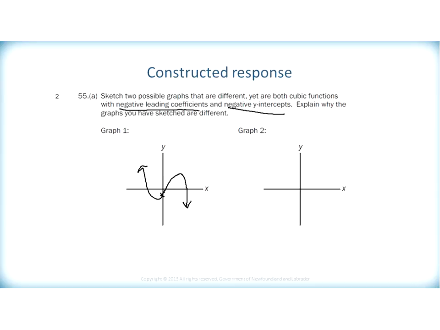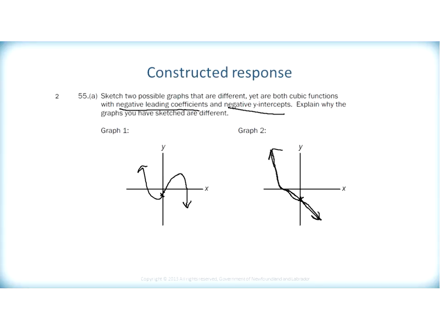And the second graph I will sketch will look something like this. And we still have a negative leading coefficient and a little loop right here. And so when we look here, how are they different?